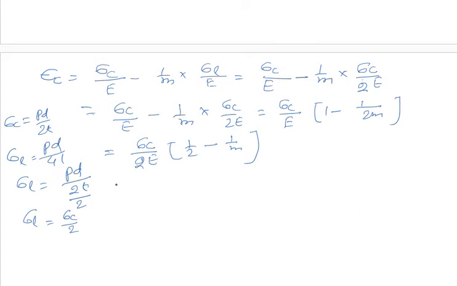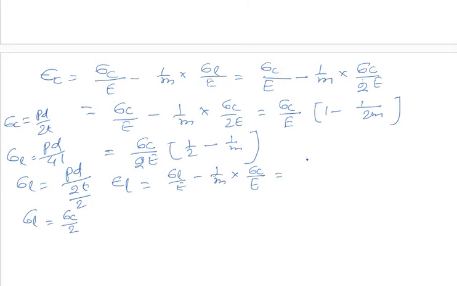Now similarly we can get the value of epsilon L also, that is sigma L by E minus 1 by m into sigma c by E, correct?